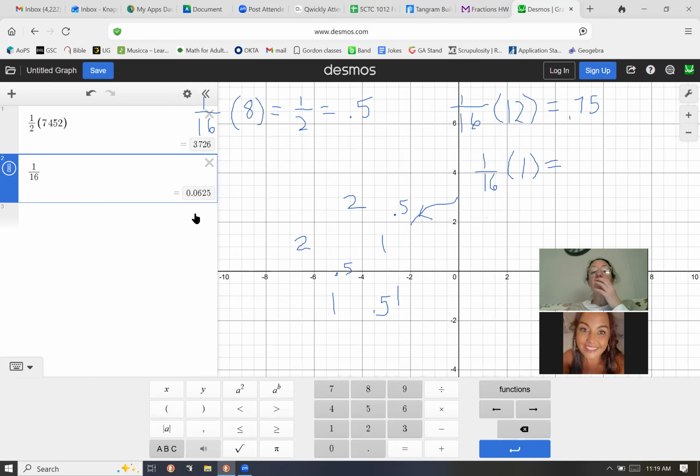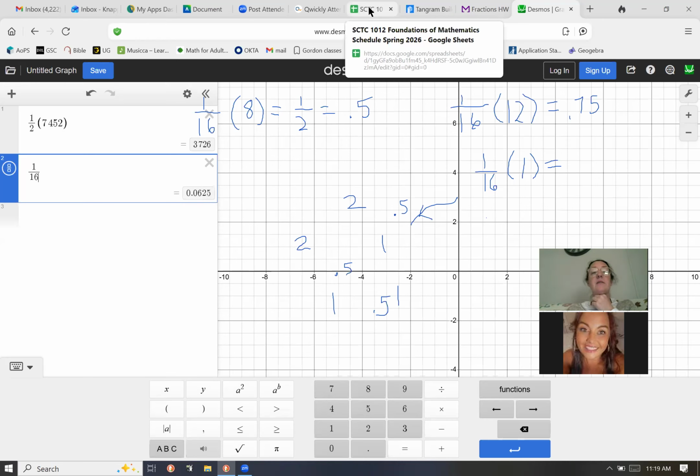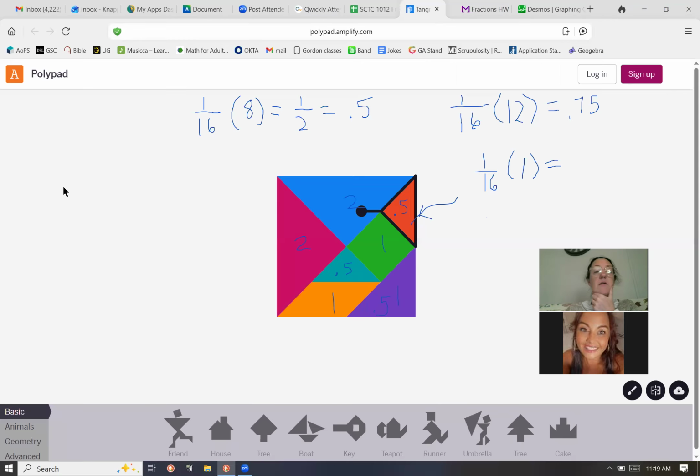So that would give you 6 cents. We can just round it to 6 cents for the little triangle, and then figure out all the other pieces from there. So 2 triangles would be 12 cents, 12 cents, 6 cents, 12 cents. Here you need 4 sets of 6 cents. So 24 cents, 24 cents.